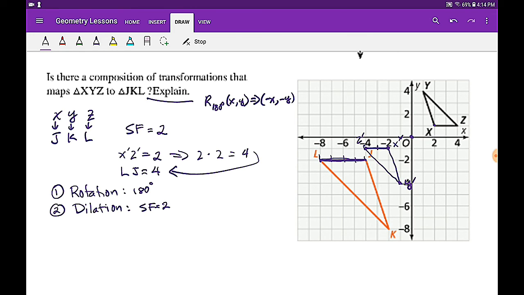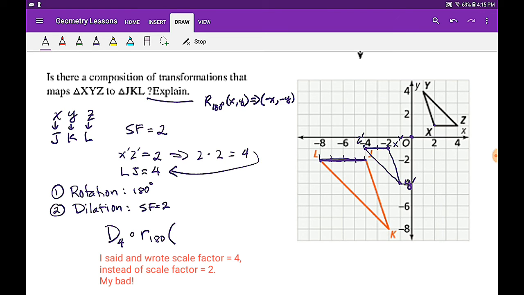So our composed transformation, since dilation is done last, is dilation with scale factor of 2 composed with rotation of 180 degrees around the origin, so we don't have to indicate it. Every time the center is the origin, you don't have to indicate it. It's going to be applied to triangle XYZ. All right, so that's our composed transformation.